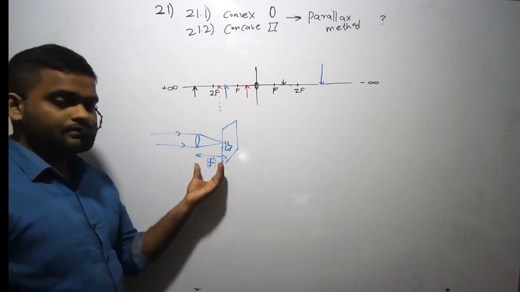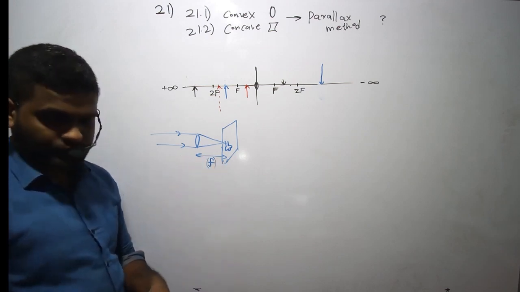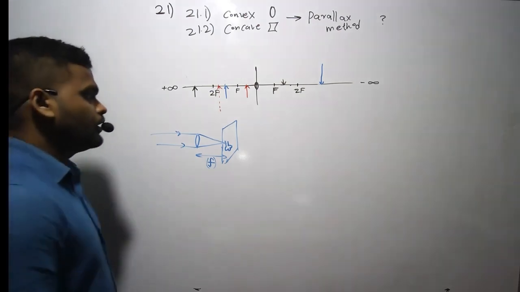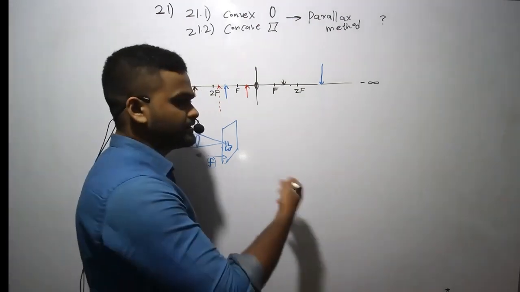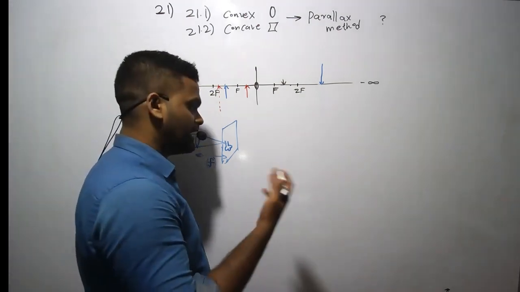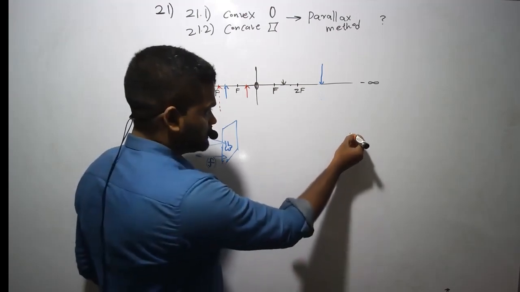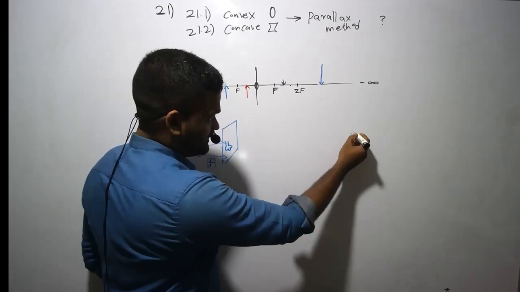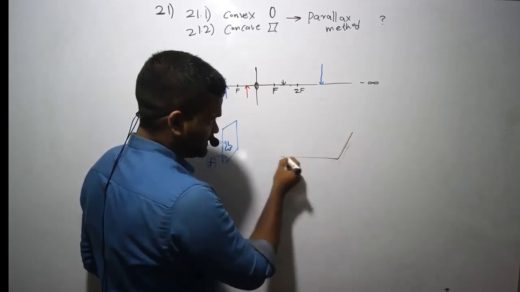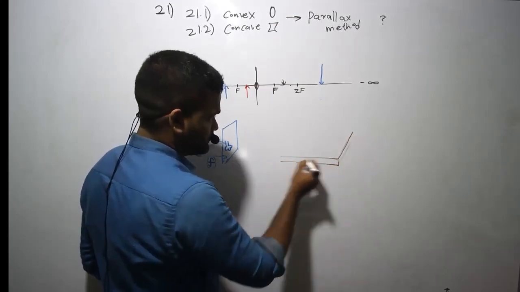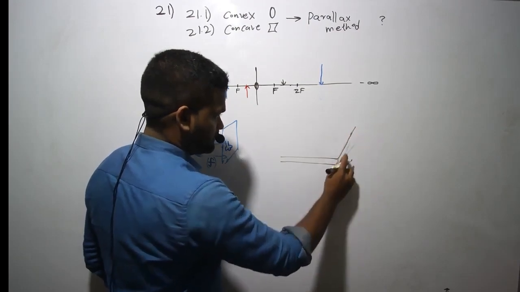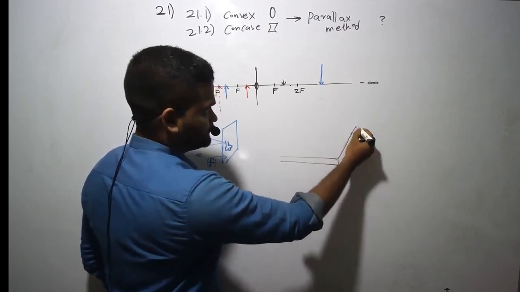So once you know this focal length, what do you do? You get, let's say, a table in the lab. This is what you would draw. This is the surface of the table. I'm drawing a part of the table. These are the edges of the table.